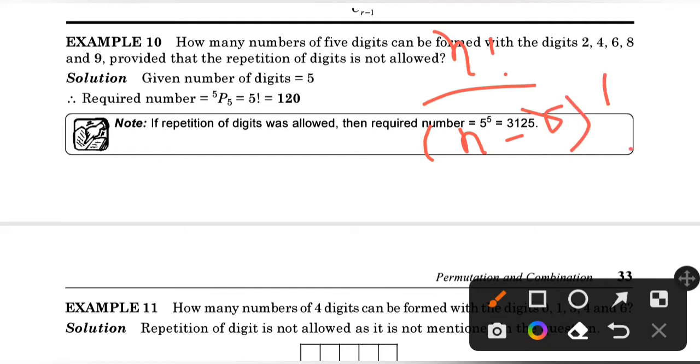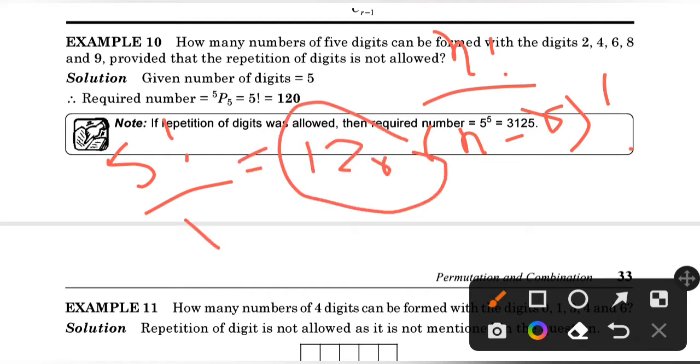Now n is 5, so 5 factorial, and r is also 5, so we write 5 minus 5 factorial, which is 0 factorial, equal to 1, and 5 factorial equals 120. So if repetition of digits is not allowed, then we have 120 ways to make a 5-digit number using the given digits. If repetition of digits was allowed, then we use the formula n power r, that is 5 power 5, which is equal to 3125.